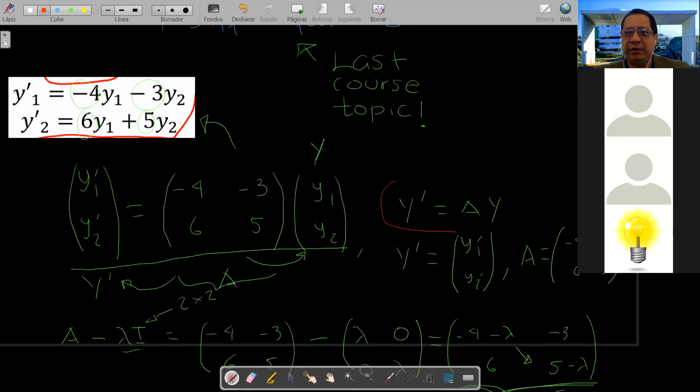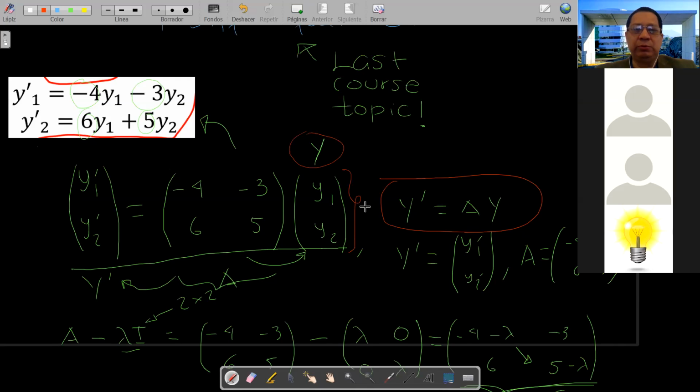Here you can see the matrix equation, where capital Y prime is a vector, A is a matrix, and Y is another vector, the vector formed by the variables.